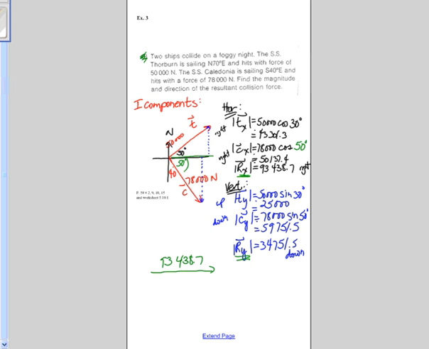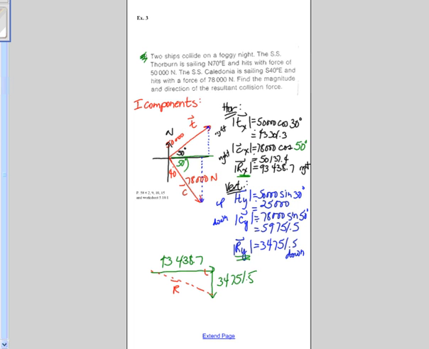I have a downward force of significantly smaller than that, 34,751.5, down or south to be more accurate. The resultant is here. We would like to determine its magnitude and direction.